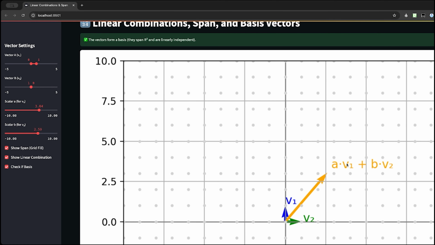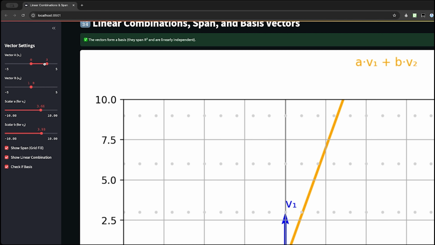Now let me vary the value of this scalar. I am increasing the value of this scalar a little bit. You can see that the direction of my resulting vector has changed, and its length has also increased. Now I am varying the value of vectors v1 and v2. Let me increase the value of vector v1, that is 0, 3.